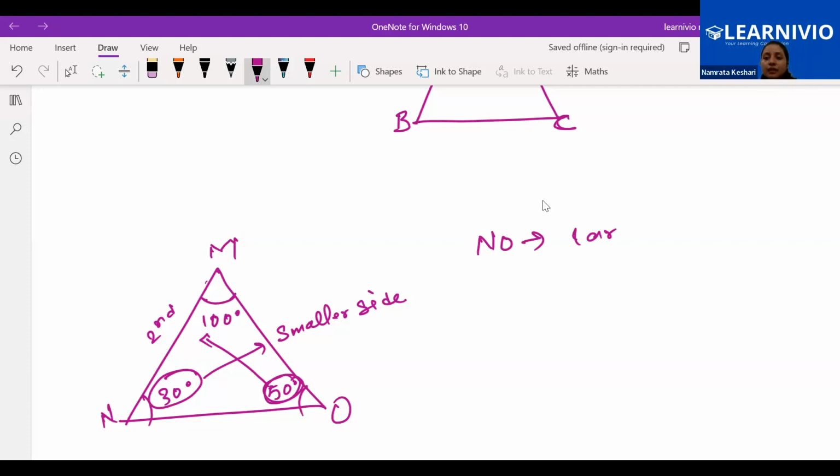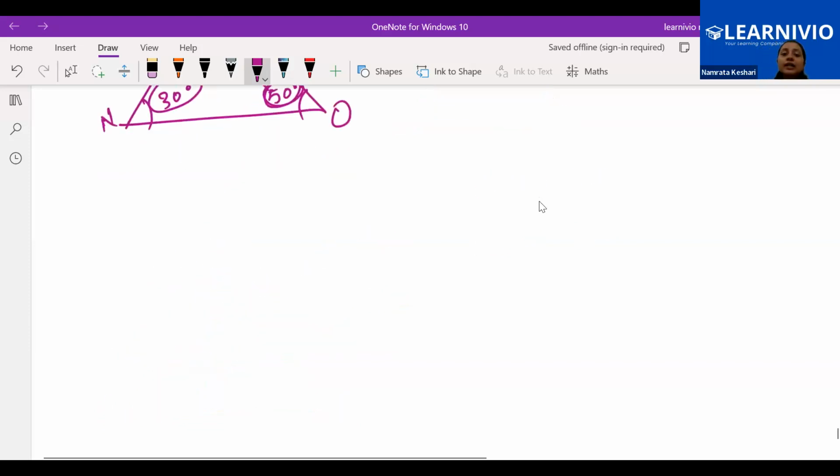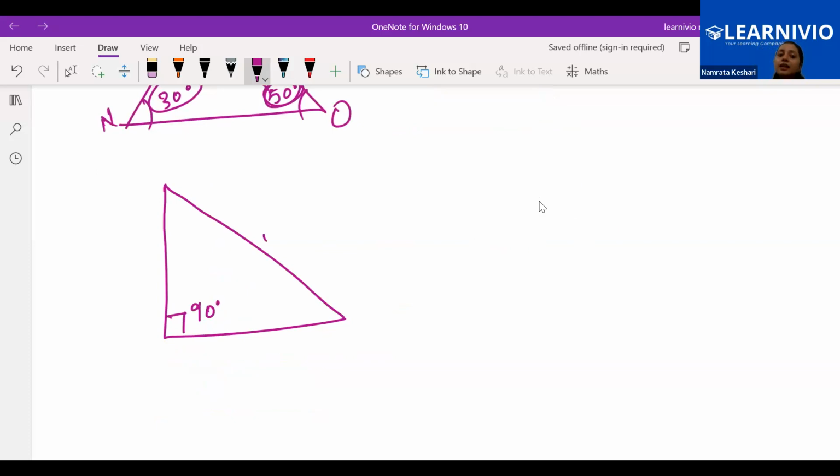That's why in right angle triangle, we say that this is 90 degree and hypotenuse is the largest side. Can you recall it? Hypotenuse, we call it, no? Hypotenuse is the largest one.